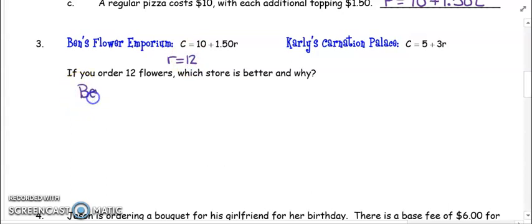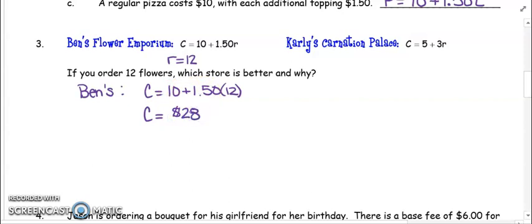And if we're talking about Ben's here, C is equal to 10 plus $1.50 times 12. If I punch that into my calculator all at once, 10 plus $1.50 times 12 is going to give me $28.